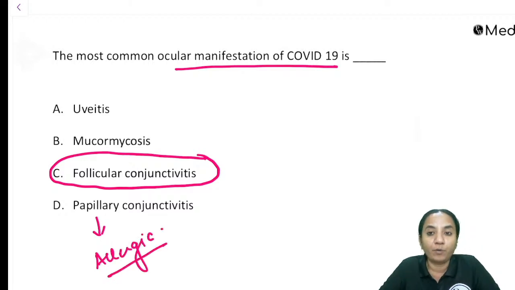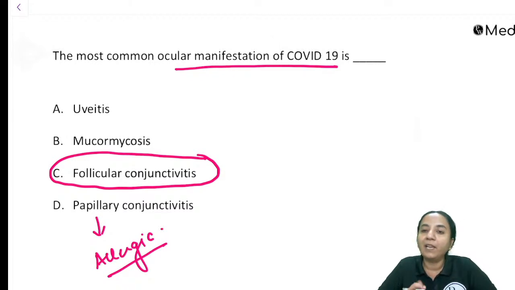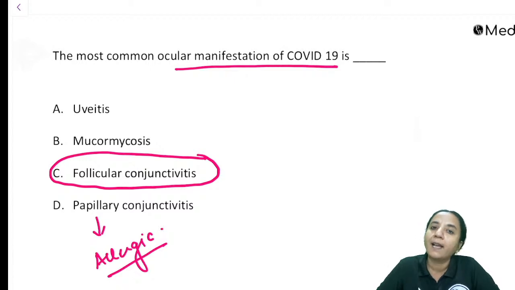Vernal keratoconjunctivitis is a type of papillary conjunctivitis. If you have ill-fitting contact lenses that irritate the cornea, you end up with giant papillary conjunctivitis. Whereas viruses which cause infective conjunctivitis, like COVID-19, cause follicular conjunctivitis.